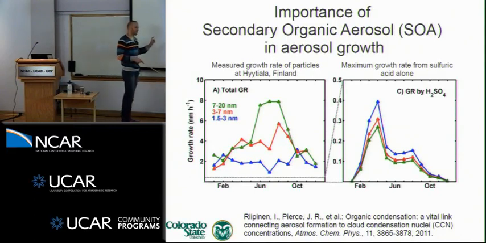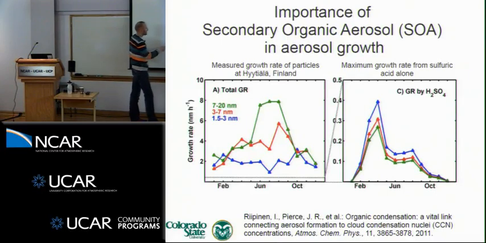Through measurements of the way the size changes with time, they're able to calculate, on average, as a function of month of the year, how quickly the 1.5 to 3 nanometer particles are growing, the 3 to 7 nanometer particles, and the 7 to 20 nanometer particles. What I want you to take away from this is that these growth rates are on the order of several nanometers per hour, ranging between about 2 and 8.